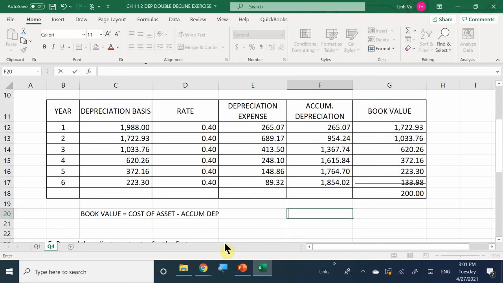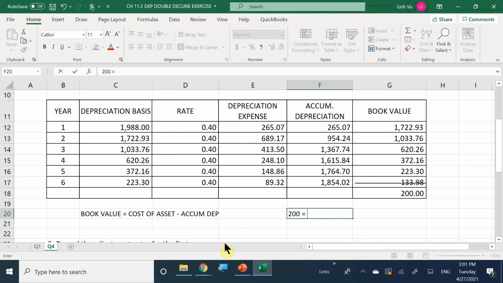How did you get that number? I took the 200 minus the 133.98. Not the 133.98. The 89.32? Not the 89.32.